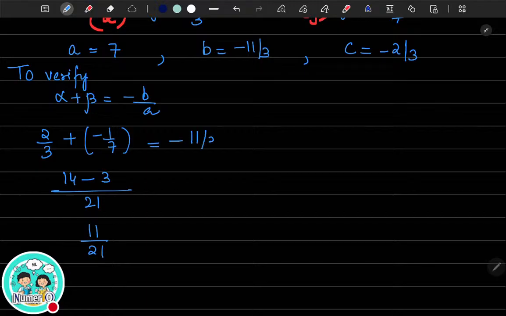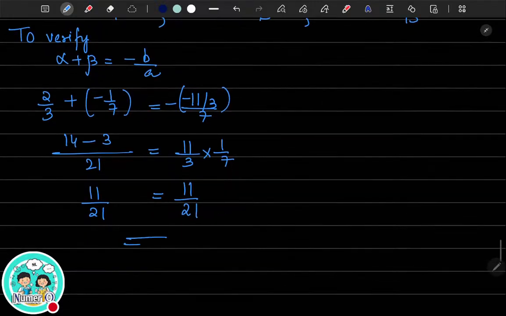Minus 11 by 3 by 7. So again this is nothing but minus 11 by 3 multiplied by 1 by 7. Minus b by a. Yeah, here it is nothing but minus of minus. Okay, so you have a minus here and b is nothing but minus 11. So this will become plus 11 by 3. Okay, so you have 11 by 21, right? Hence verified.